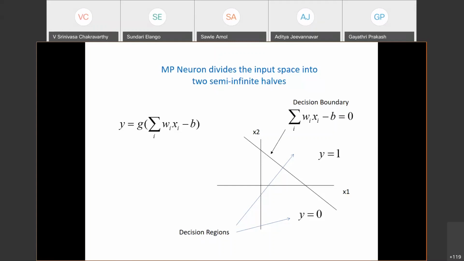When the argument is negative, you have y equal to 0. So when do you have the border? When the argument is 0, right? That is when sigma wi xi minus b is equal to 0. That happens to be a straight line, right? So it's a very simple border. Basically, the neuron is dividing the entire input plane into two halves, two infinite halves. On one half the output is 1, on the other half the output is 0.